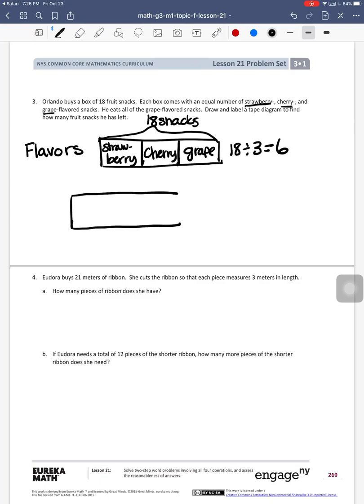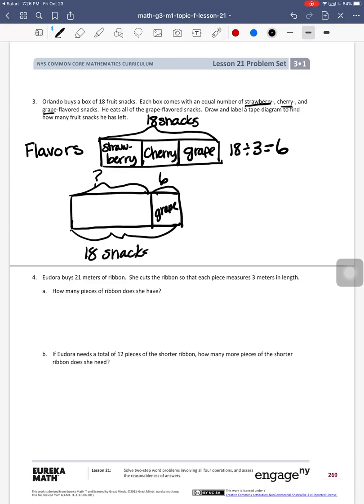So now we're going to make another tape diagram down here. And since we only ate the grape, that would be like 1/3, right? So here's the grape. And over here, the open space is the strawberry and cherry, right? And we know the grape is 6. So what we need to figure out is what this is. But we know this is all equal to 18 snacks.